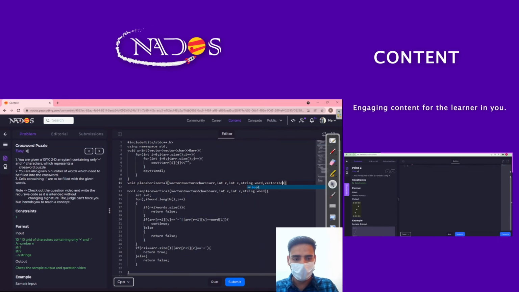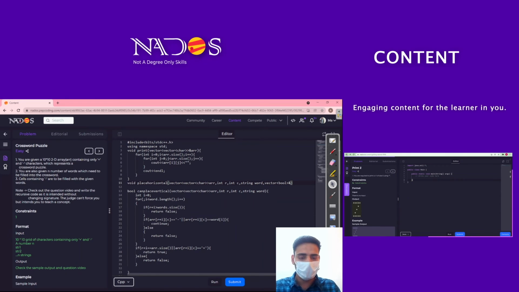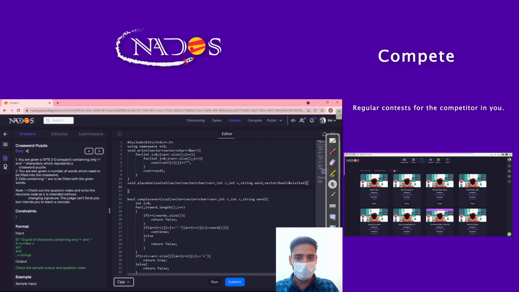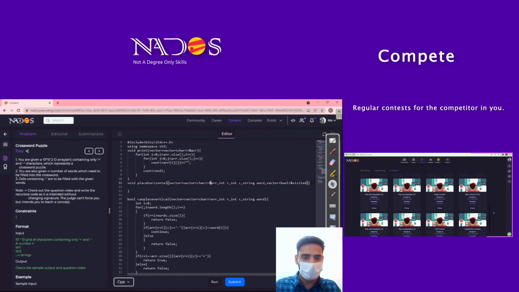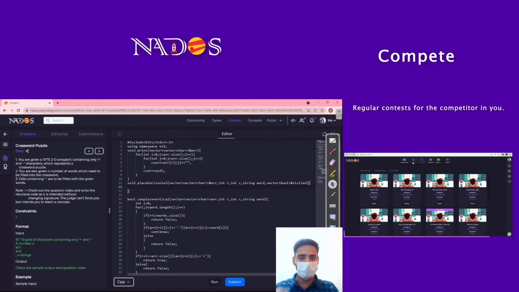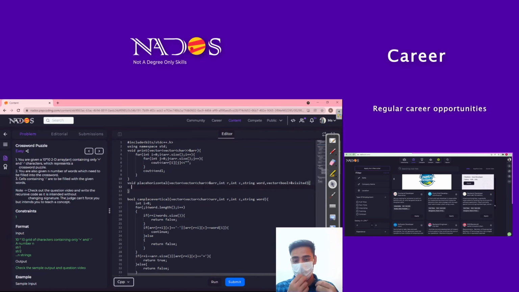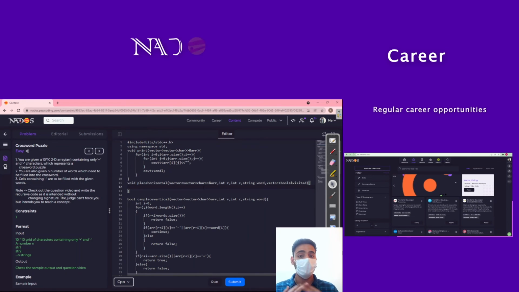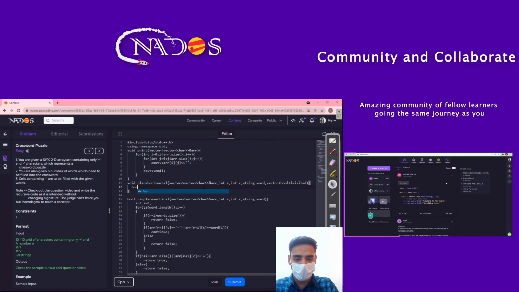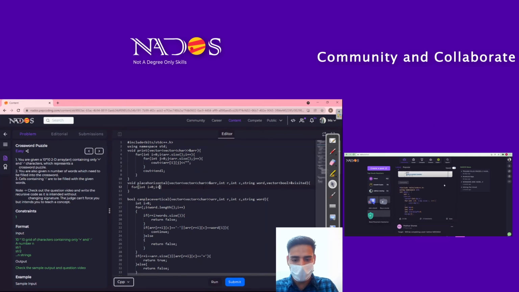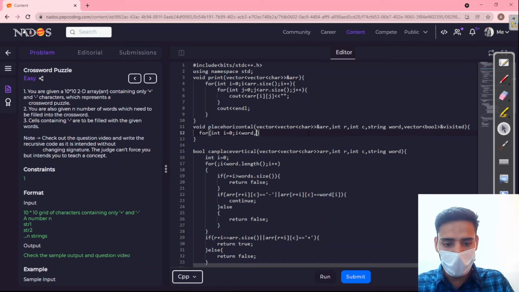Vector bool visited. We have to complete this function, and here we will pass by reference, so ampersand. Okay, this is done. Now we have to place horizontally. To start placing, first of all, we need to run a loop: for I equals 0 until I is less than word dot length, I plus plus.